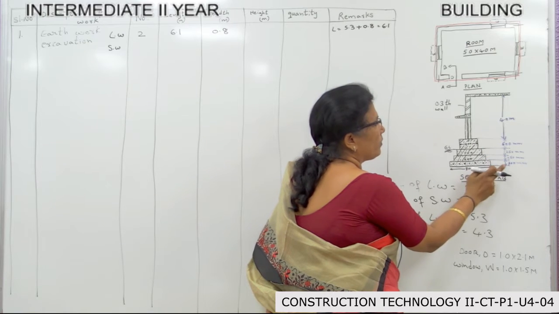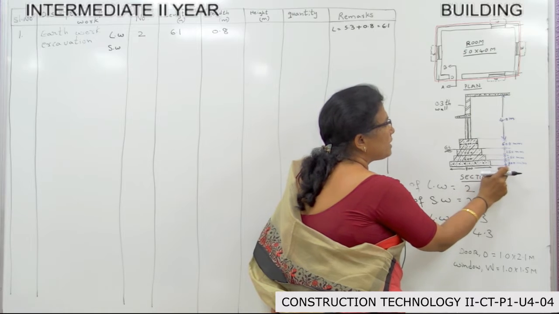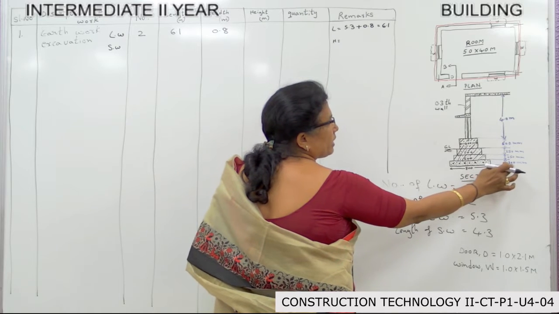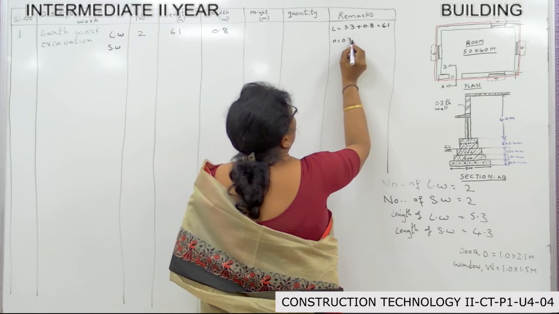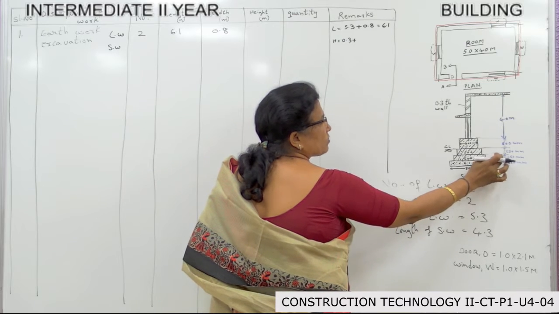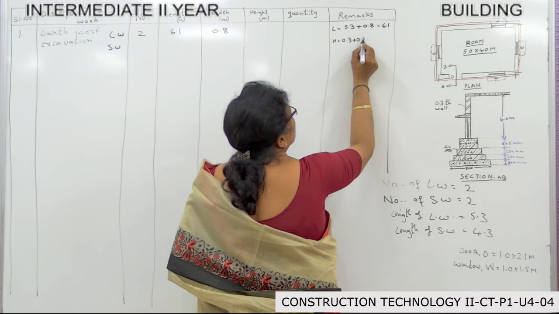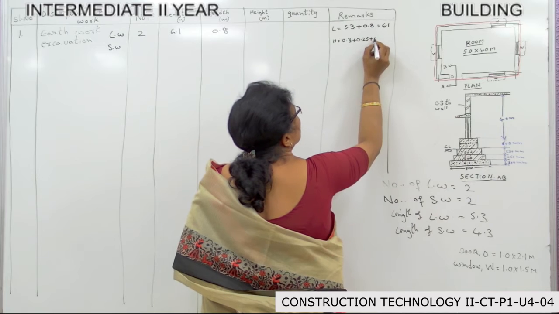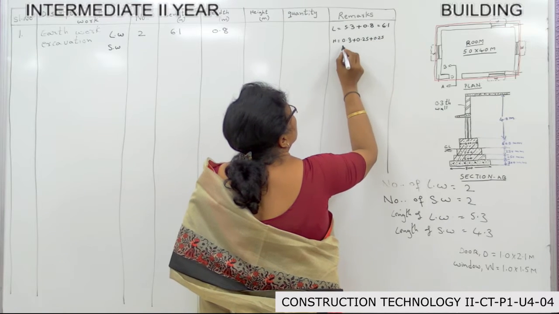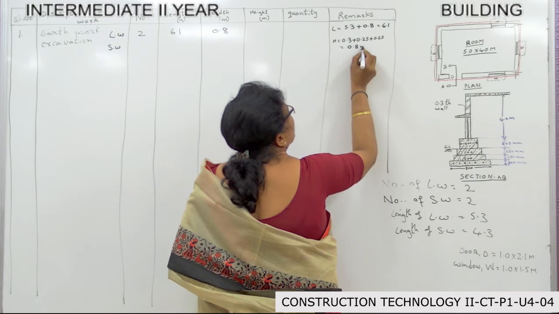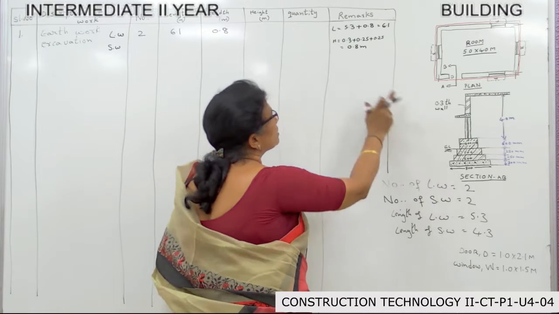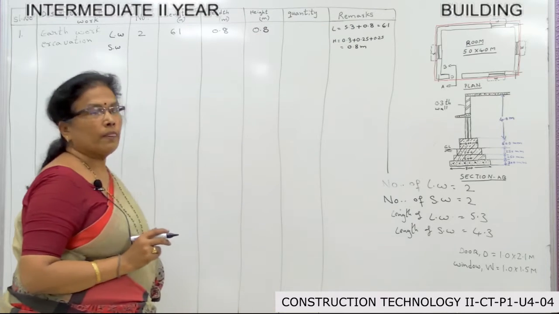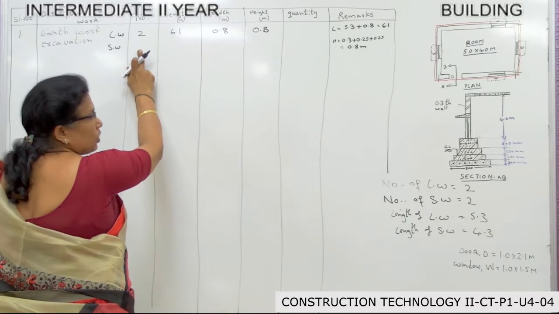This is 250 mm, this is 250 mm and this is 300 mm. So you need to add all these three. Here height is equal to, taking everything in meters, 0.3 plus height of the first footing 250 mm, that is 0.25 meter, and height of the second footing 250 mm, that is again 0.25 meter. So it will come to 0.8 meter. So the height of the excavation is 0.8. Note here 0.8.